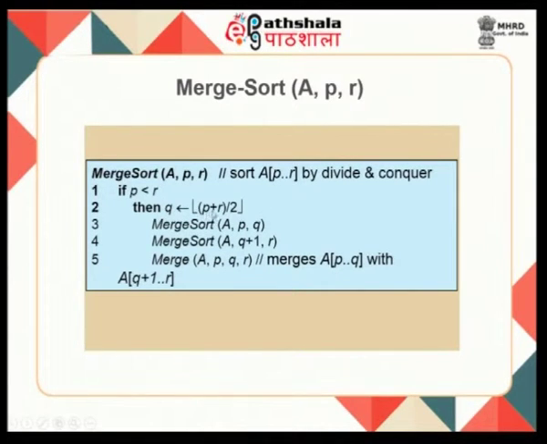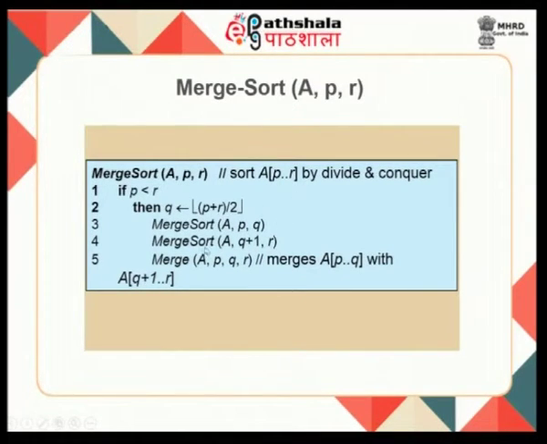So I am trying to find P plus R by 2. I am taking the floor to avoid the fractions. Then once I have Q, my problem is now divided into sub problems, that is from the lower bound P to Q, and I have another problem, that is Q plus 1 to R.